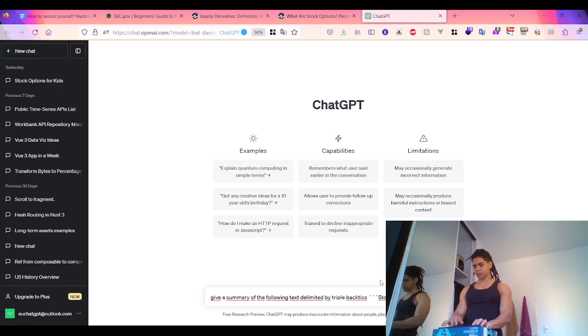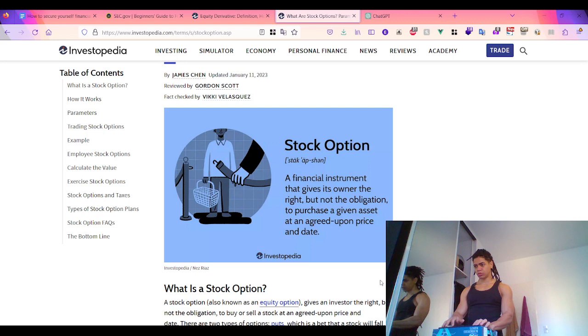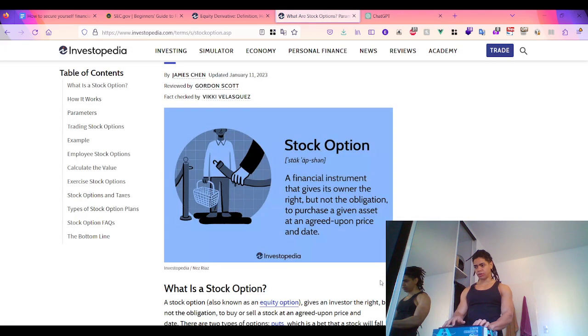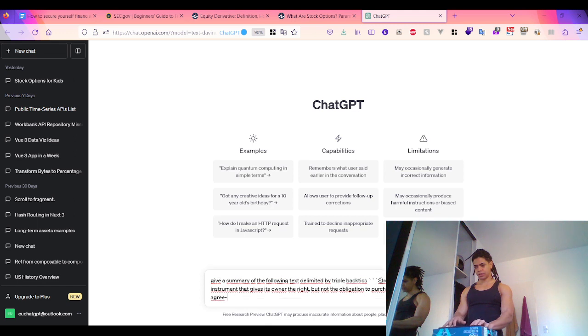The stock option, a financial instrument that gives its owner the right but not the obligation to purchase a given asset at an agreed upon price and date, right?